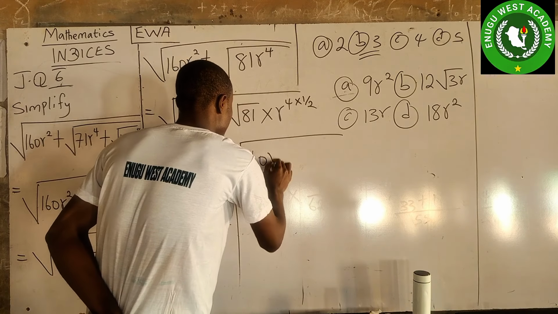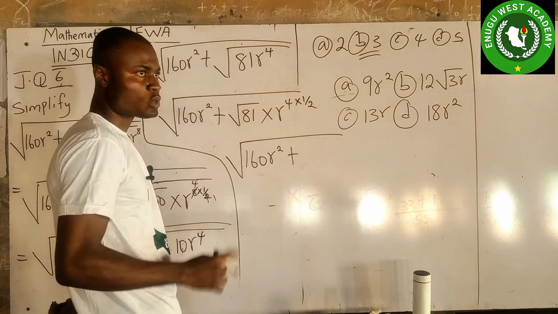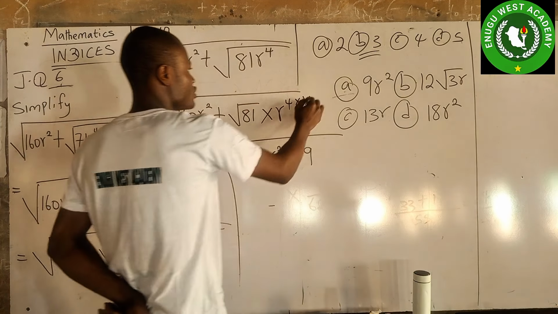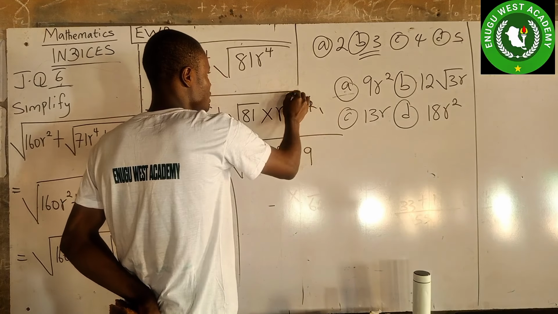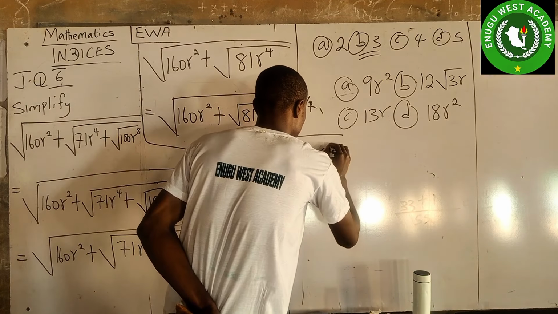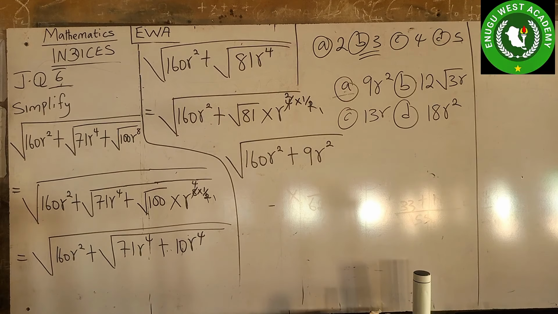So this will be equal to 160 r square plus square root of 81, which is 9. Now, 2 cancel itself is 1, cancel 4 is 2. So we are going to have 9r square.